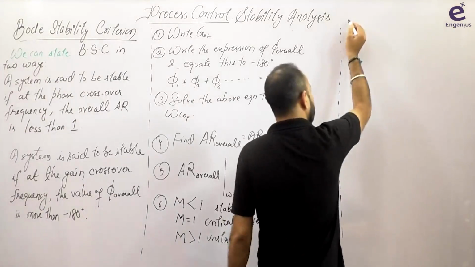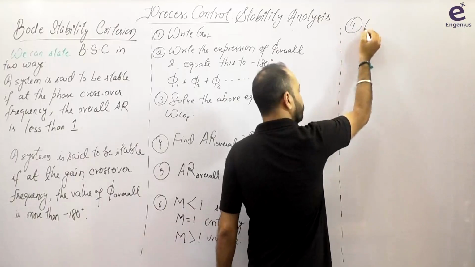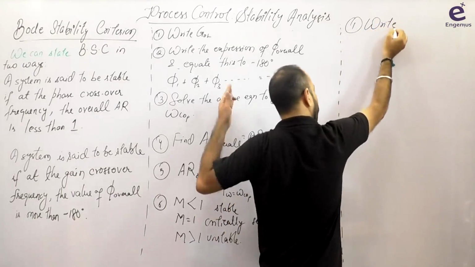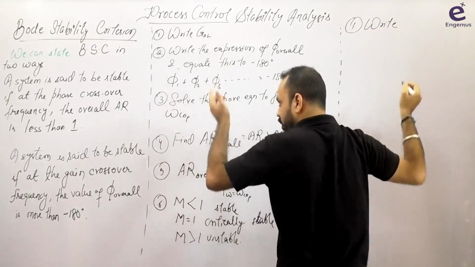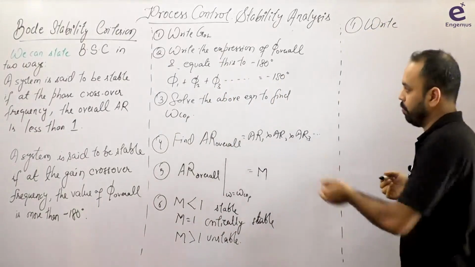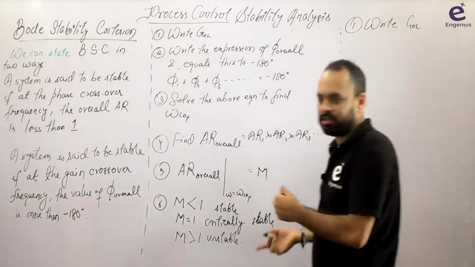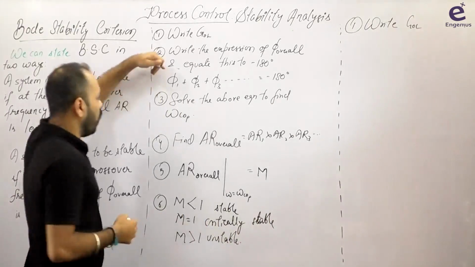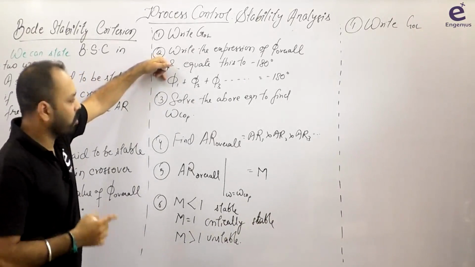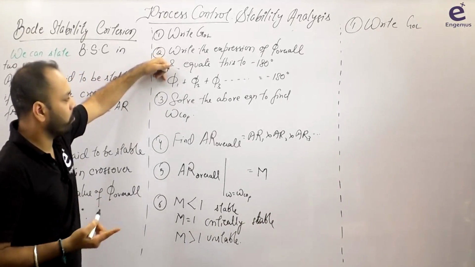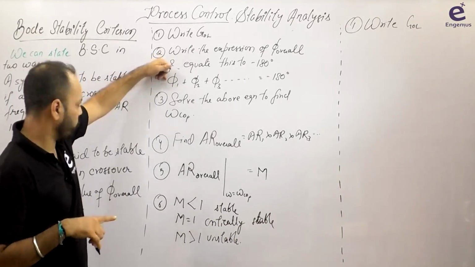Second way of calculating the stability: write GOL. Normally I prefer this. Even I have a habit of calculating the stability of a system by this. So write GOL, first step is same. Now things will be reversed. See what I found here: I wrote AR and phi overall and then equated phi to minus 180 to find the phase crossover frequency.